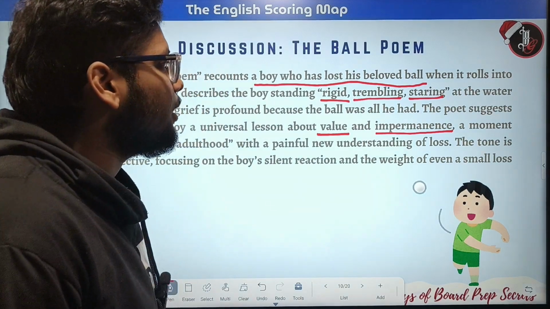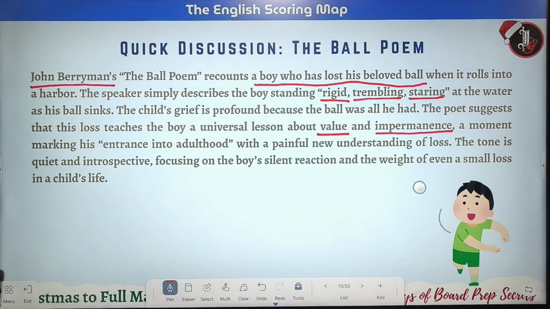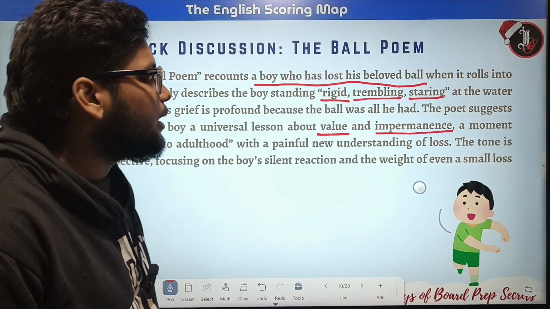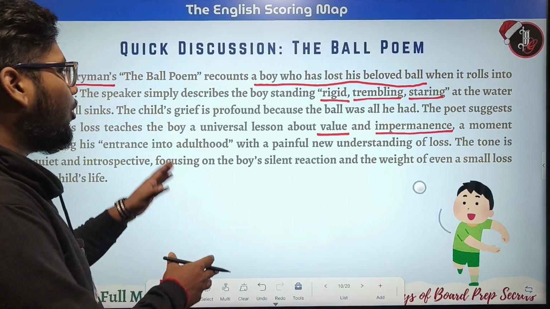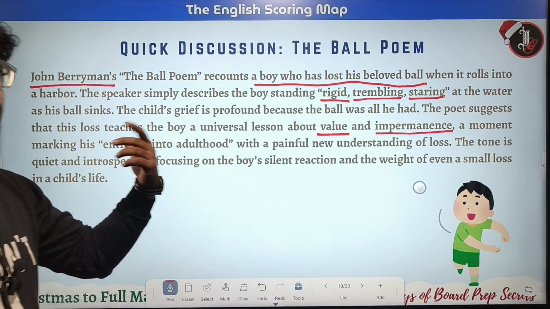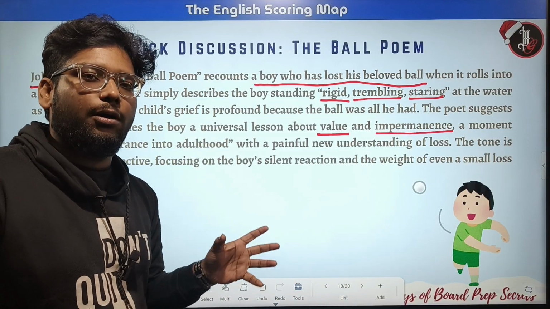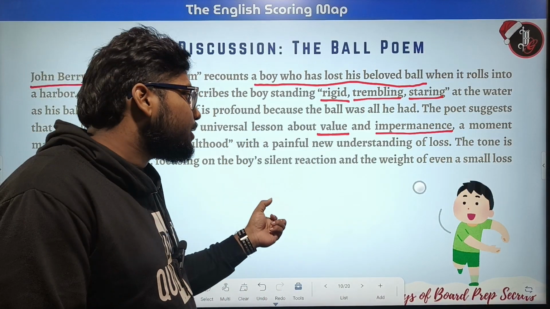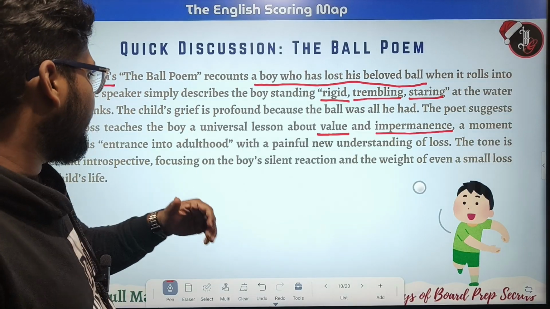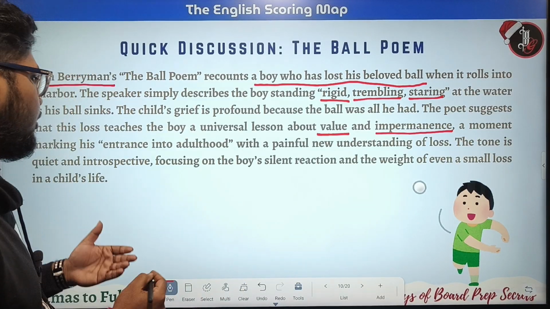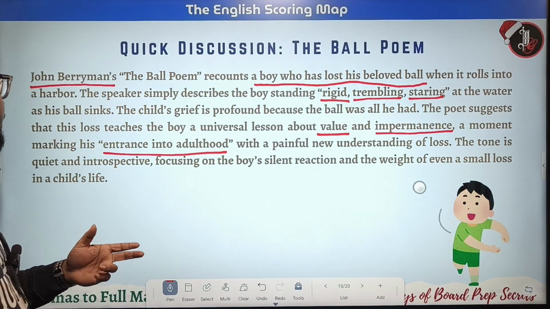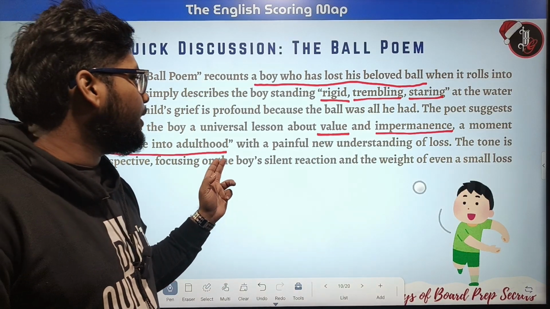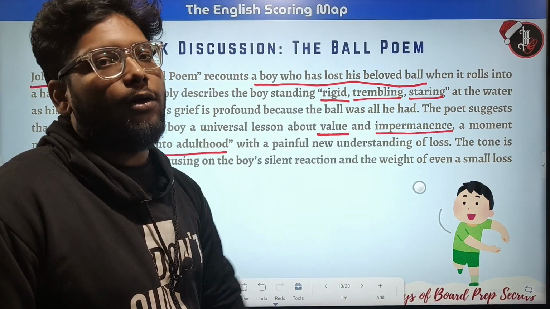Now, a moment marking his entrance into adulthood with a painful new understanding of loss. The poet is saying that only one loss was there, the loss of his ball. This teaches the boy as he is entering into adulthood a new, painful understanding of loss.